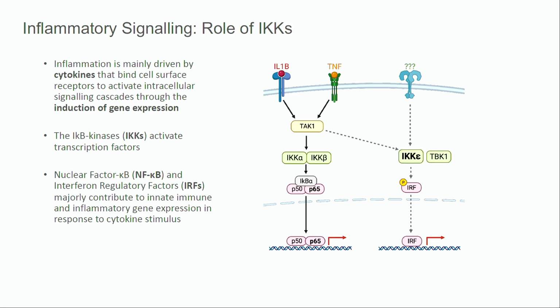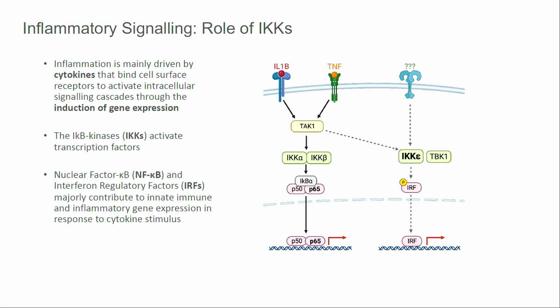So, as a bit of an overview, inflammation is mainly driven by cytokines like IL-1 beta and TNF that bind to cell surface receptors to activate intracellular signaling cascades through the induction of gene expression. Now, all of these IκB kinases are essential to that signaling cascade.